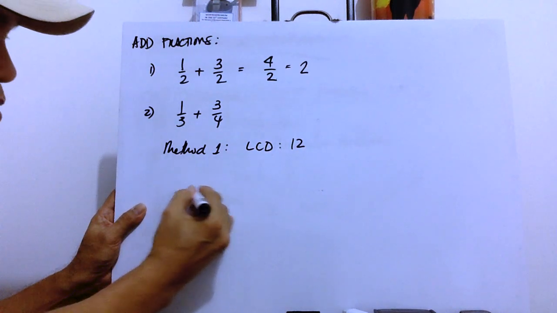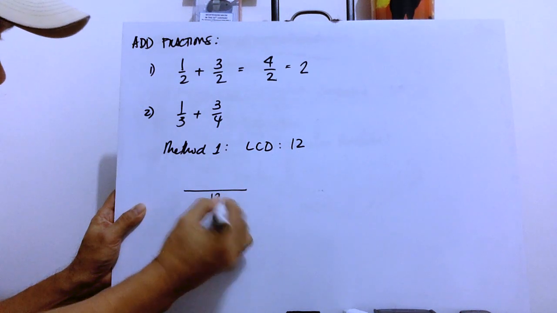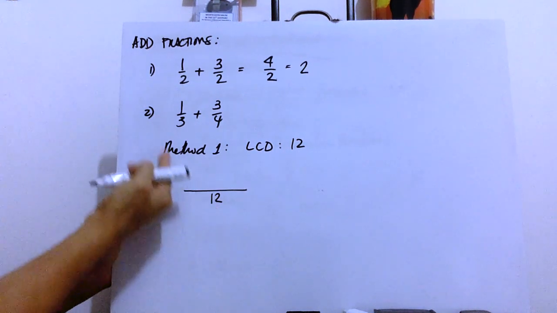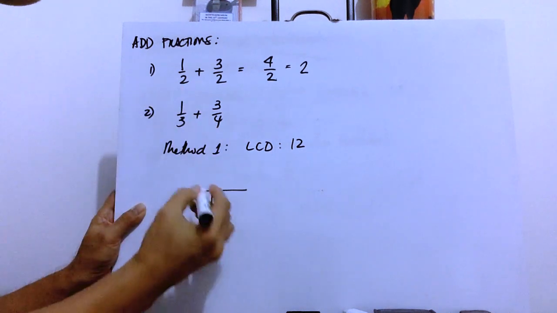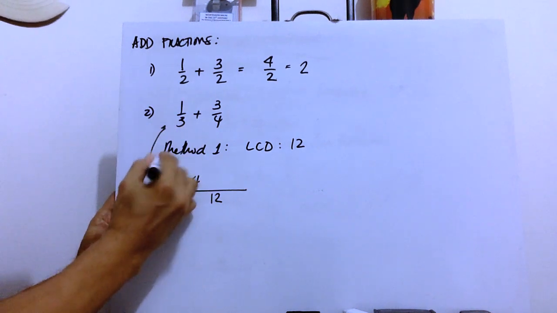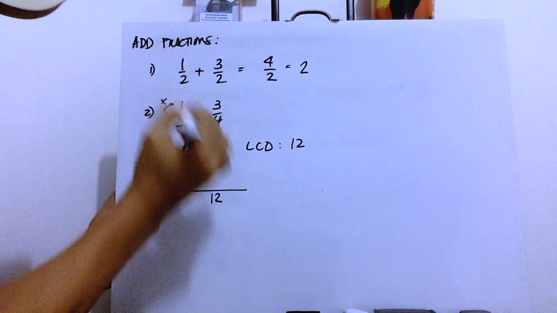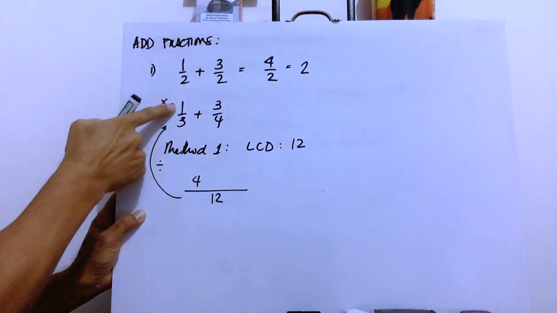Okay, so I will join them under one fraction, that's 12. And then we're going to divide 12 by 3 to make it 4, and then multiply by 1, okay, that's 4. So again, 12 divided by 3 is 4, times 1 is 4.